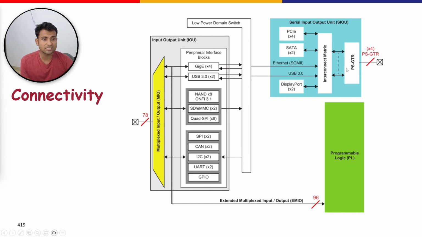So this PS-GTR is capable of supporting data rates up to 6 Gbps, and therefore it is called a high-speed peripheral interface. This PS-GTR can connect to any of these peripheral blocks like PCIe, SATA, Ethernet, USB, or DisplayPort using the interconnect matrix. Since there are 4 PS-GTR, at a time only 4 of them can be connected.